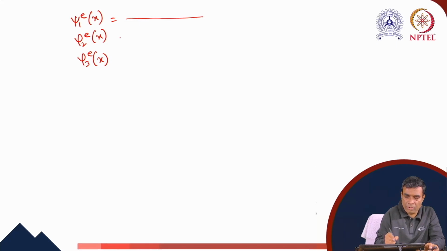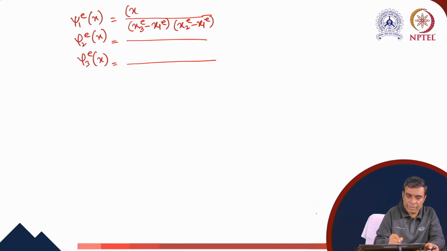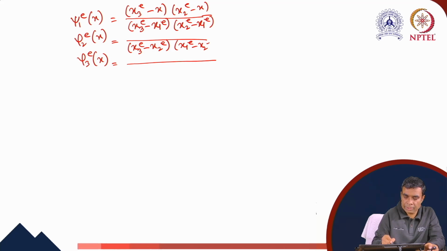So these are all nonlinear curves, or these are parabolas. So here we shall have x3e minus x1e into x2e minus x1e. So we have here x3e minus x and x2e minus x. Similarly, for the second we have x3e minus x2e into x1e minus x2e.